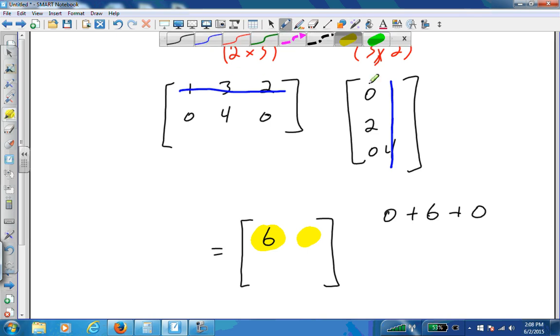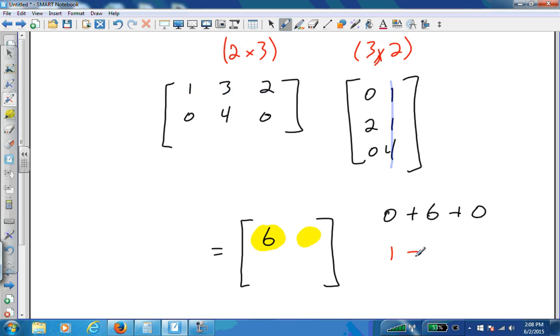So 1 times 1, 3 times 1, 2 times 4. So we'll get 12. Again, this is row 1, column 2.